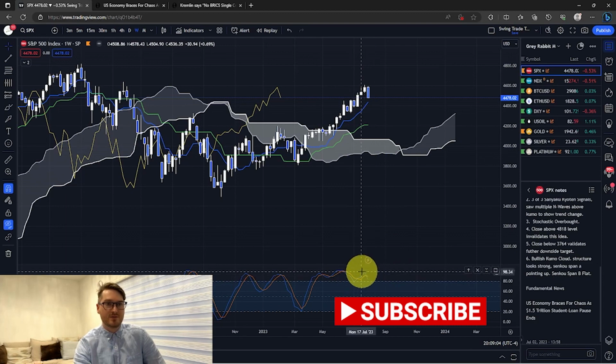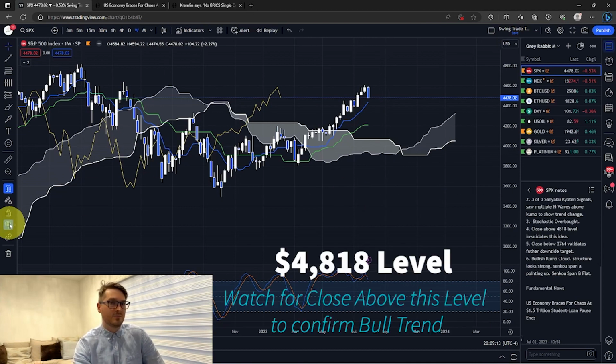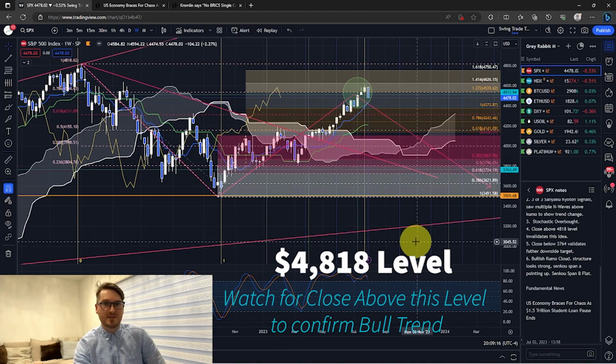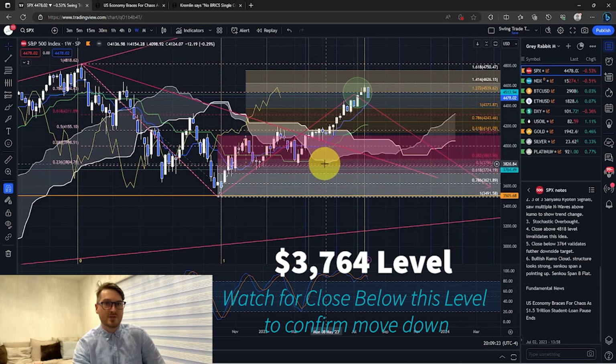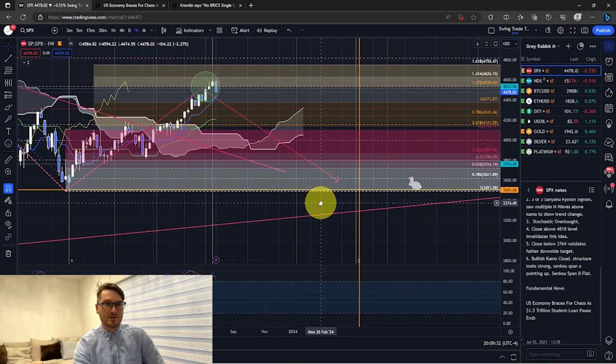So this is another little indicator showing that we could be reversing and heading back to lower prices. So a close above the 4818 level is going to cancel out this idea, but a close below the 3764 level, which is here, is going to validate our further downside target. And our target is going to be right here.